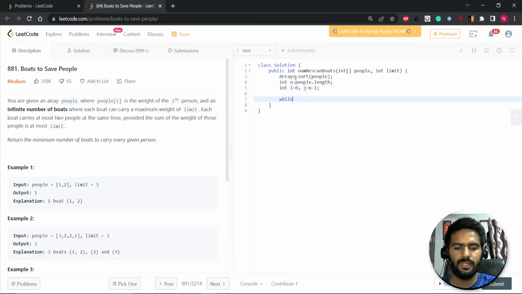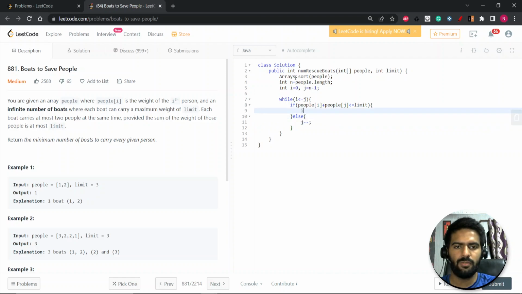So it will be simply a while loop, while i is less than or equal to j. The first condition is to check if the sum of the weights, people[i] plus people[j], is less than or equal to the limit. Else is simpler, it's just j minus minus.